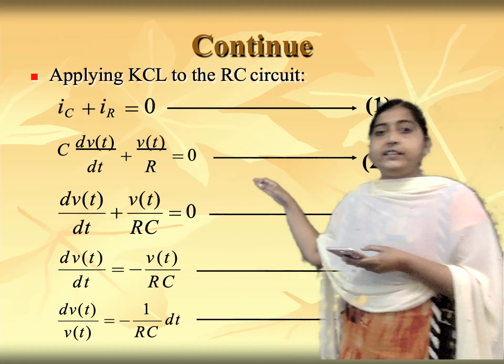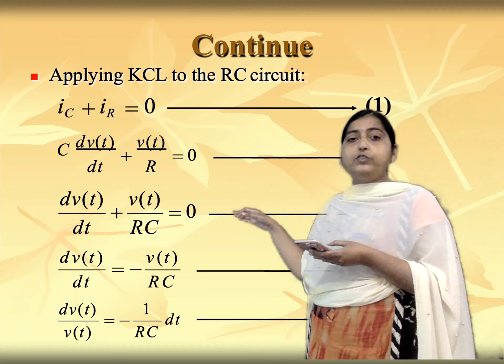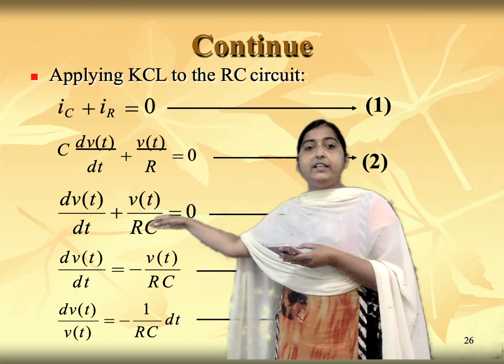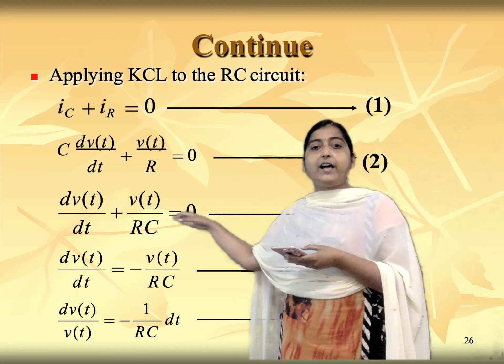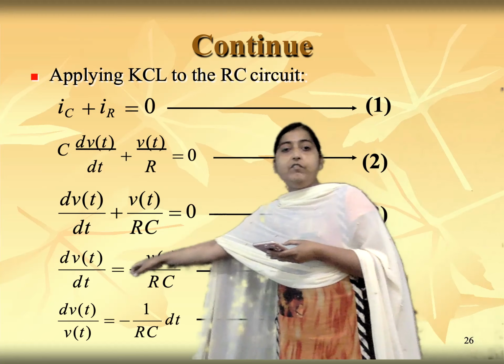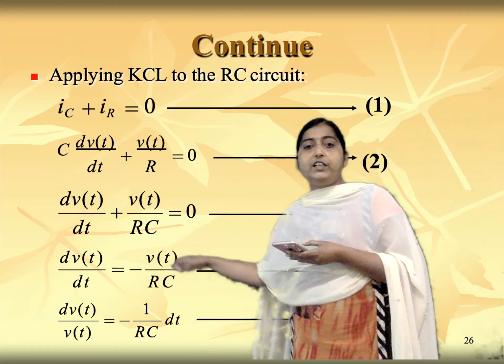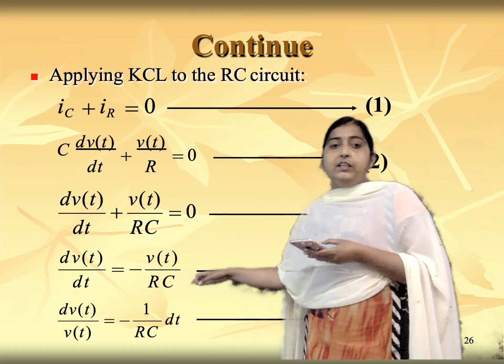Now let us rearrange the terms, dividing the complete equation by C. We get dV of t by dt plus V of t by RC is equal to 0. Now taking V of t by RC to the right hand side, we get dV of t by dt equal to minus V of t divided by RC.